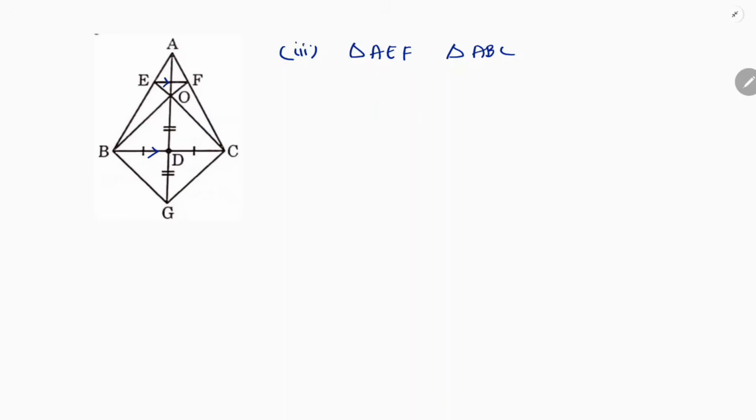Now, angle AEF equals angle ABC, because EF is parallel to BC, and these are corresponding angles.